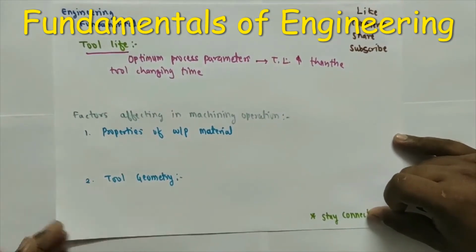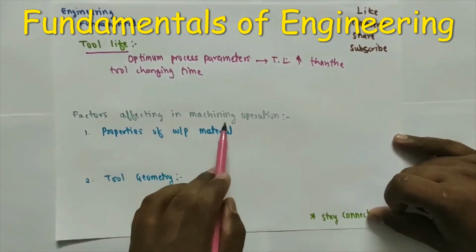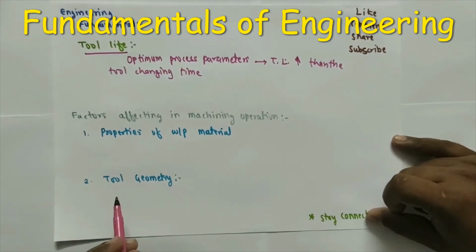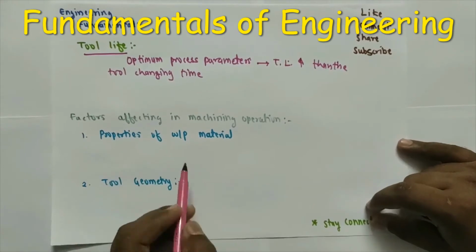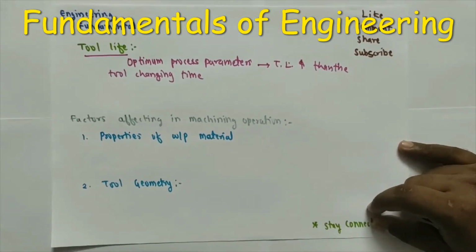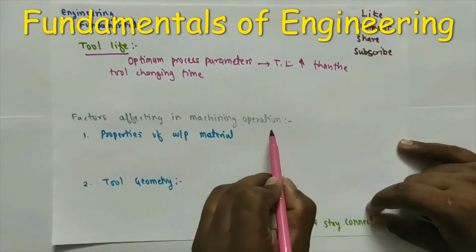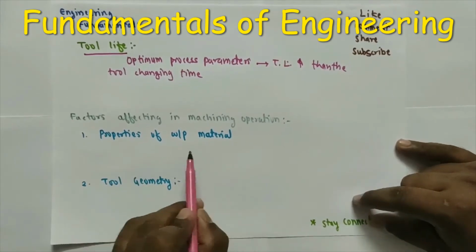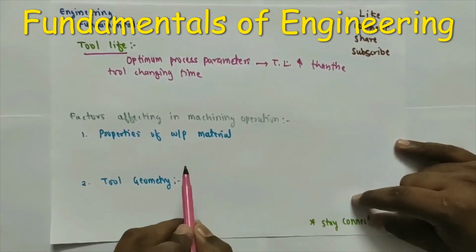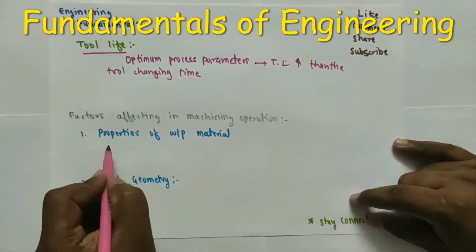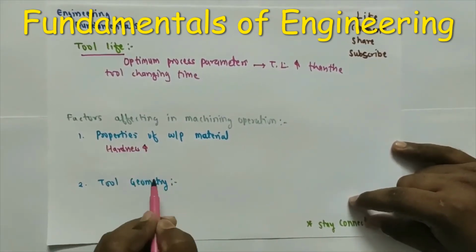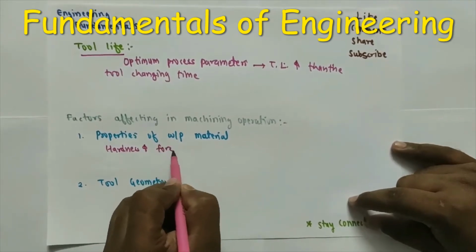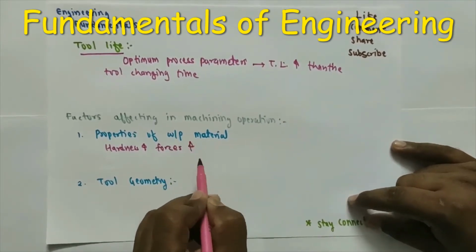Now there are some factors affecting the machining operation. These factors majorly affect us while we are removing the material. First one is the properties of the workpiece material. Suppose the workpiece material has higher hardness, then for removing the material the forces required will be more.